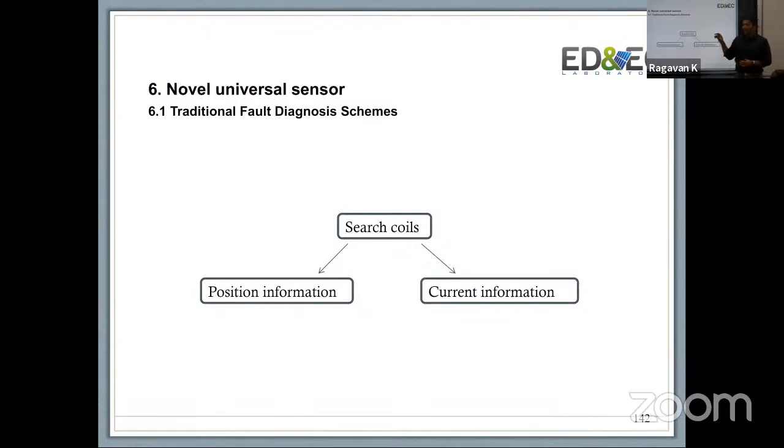Now, in any control algorithm, I need information for position and I need information for current. If you want to do AC machine control, oftentimes we have IA, IB, IC, of which we only measure two of them, and we assume symmetry and say IA plus IB is equal to minus IC, right? We just say that that's how it's going to be, and we move on.